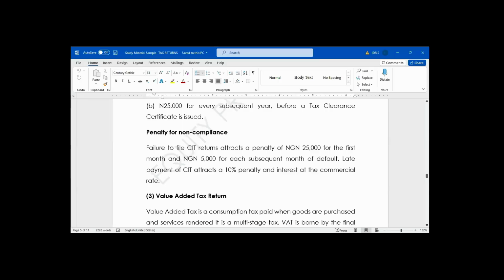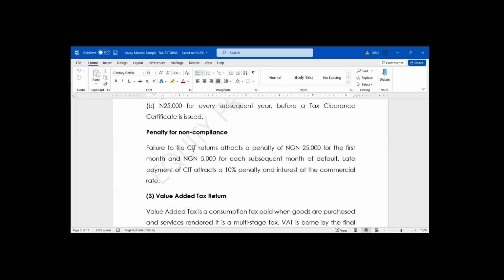So failure to file company income tax return attracts a penalty of 25,000 for the first month and 5,000 for each subsequent month of failure, plus another 10% of the amount of tax not filed or not paid, plus interest at prevailing commercial rates.